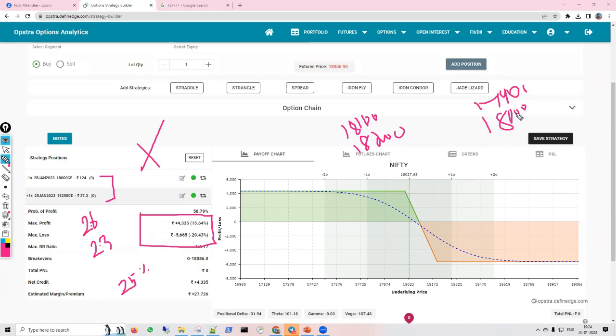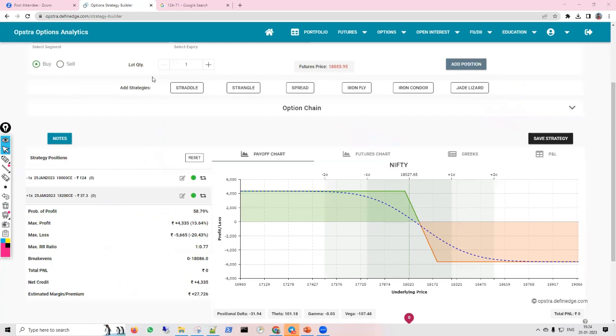Again, all these things you could just play around with on this site. So this is a sample example of how we could initiate the spread, and before entering into the trade, we could see all the things, and then we could initiate the trades.